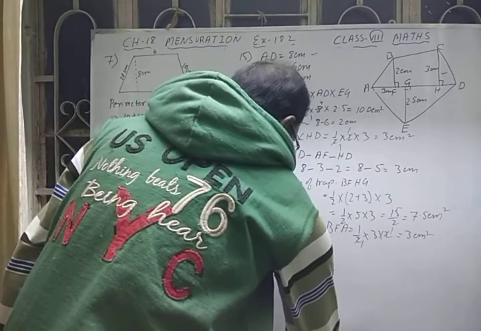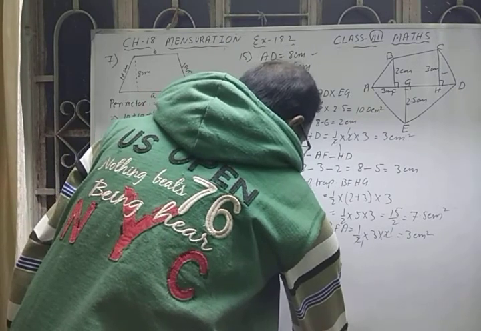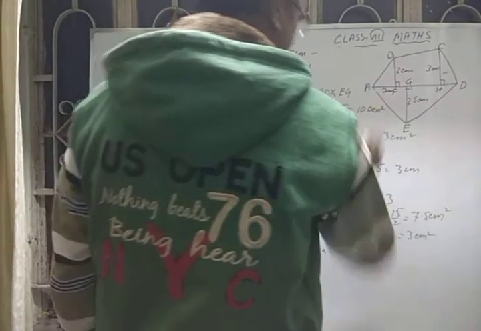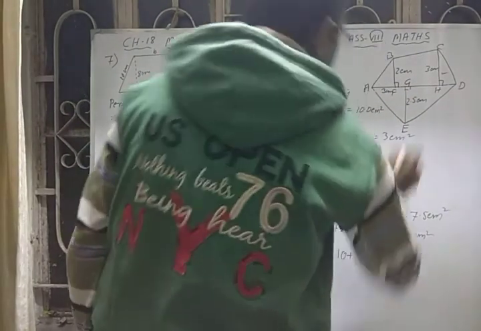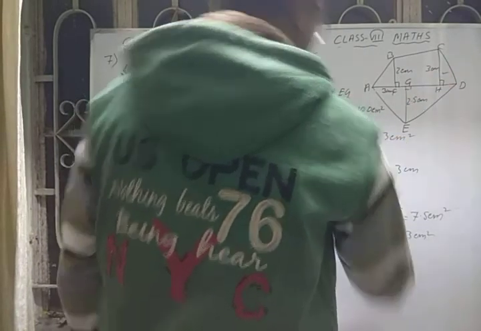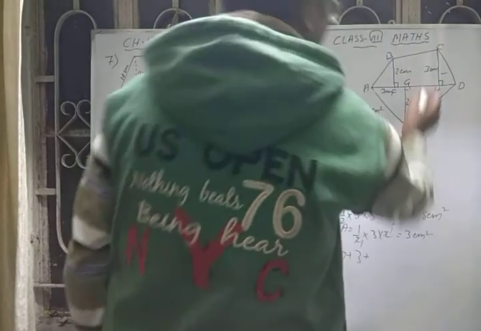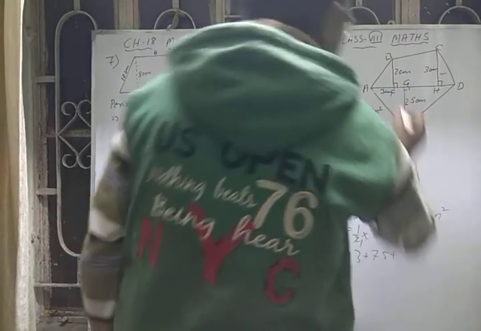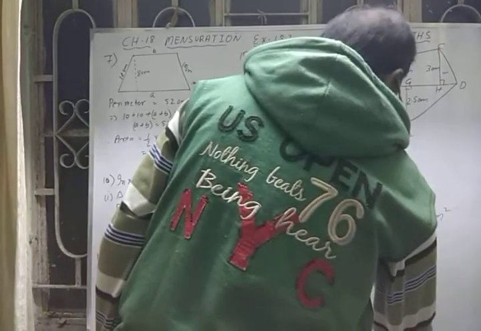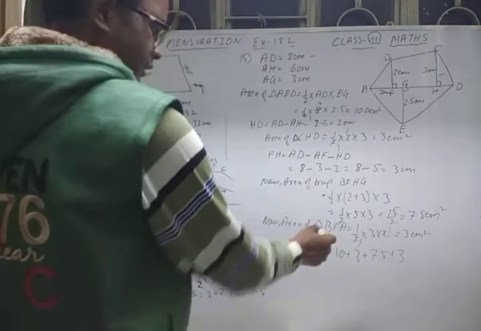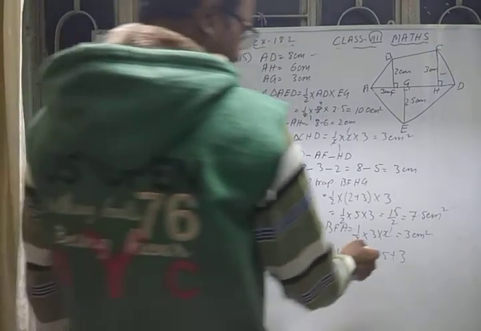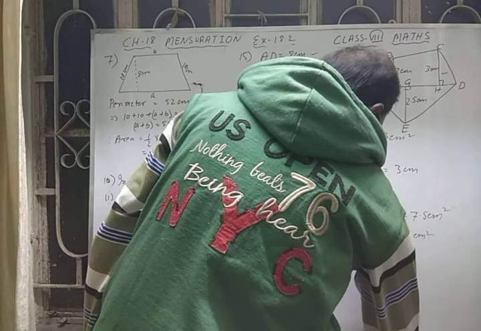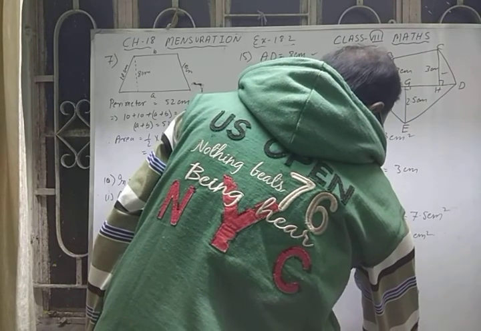Therefore total area of the figure is equal to the area of the first triangle, that is 10, plus area of this triangle, that is 3, then area of this trapezium, that is 7.5, plus area of this triangle, that is again 3. So 3 plus 3 is 6, 6 plus 10 is 16, 16 plus 7.5 is 23.5 centimeter square. So this is the answer.